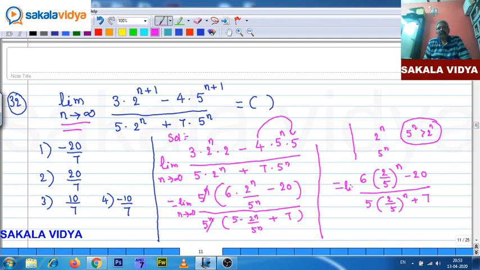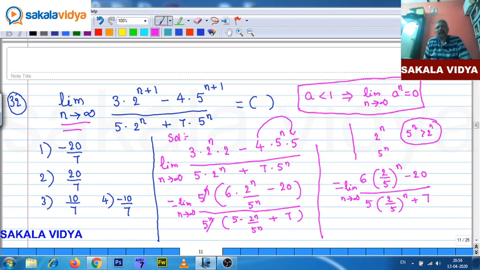So limit n tends to infinity. I will explain one important condition to you. For example, if a is less than 1, then limit n tends to infinity, a to the power of n is equal to 0. This is a very important fact that needs to be remembered.